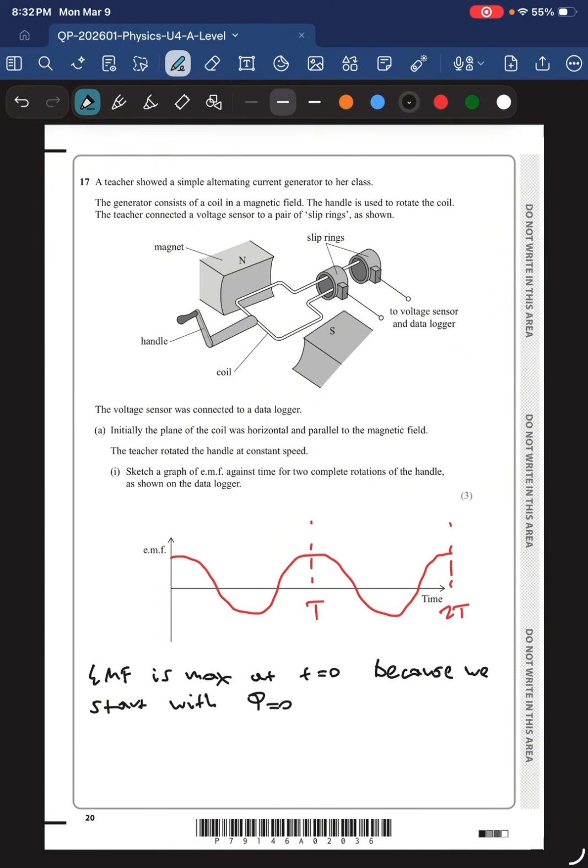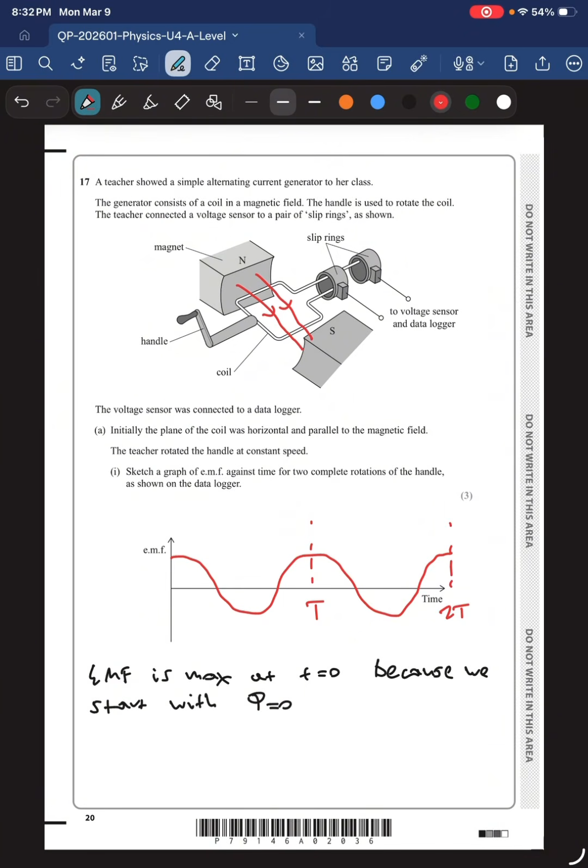As you can see here, I'm drawing the magnetic field pointing this way, and the coil is parallel to the magnetic field, so it doesn't cut through the lines. And then immediately when the teacher starts turning it, the coil cuts through the lines, so we have a maximum rate of change.